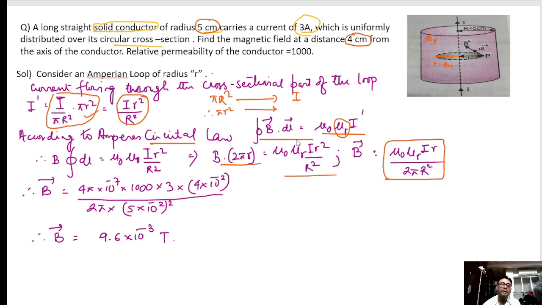Relative permeability mu r is given as 1000. This is mu r, this is mu 0. Okay, this is the current I, this is the distance, 4 centimeters, and 2 pi r is the total circumference. We get this as the magnetic field produced inside the wire at a distance of 4 centimeter.